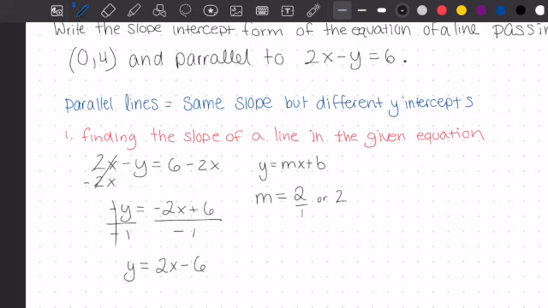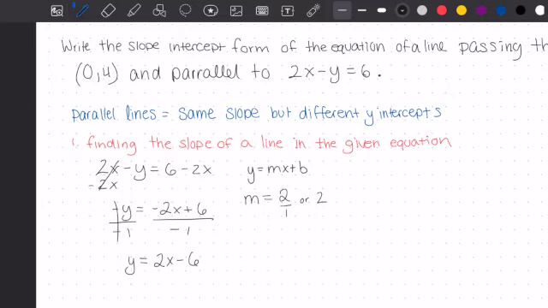Okay, so now I know my slope of this line that I need to draw, but I need to write out the slope intercept form of the equation of the line passing through this point. You can use slope point form or you can use slope intercept form. Which one would you like me to show you right now? Point form or intercept form?